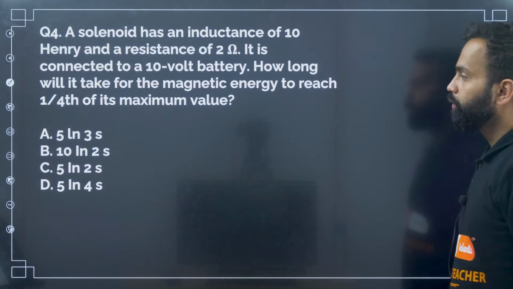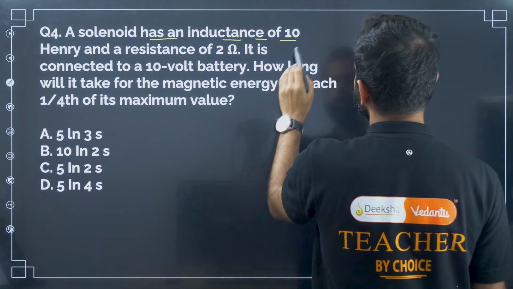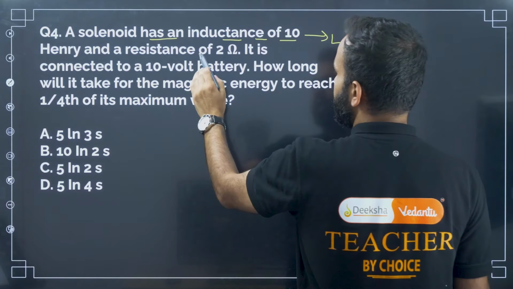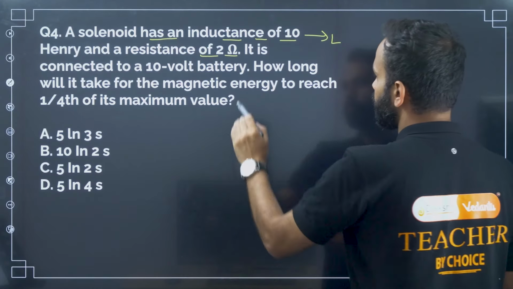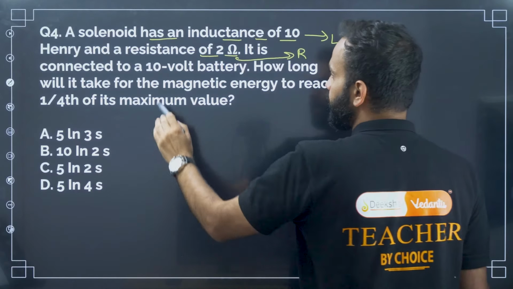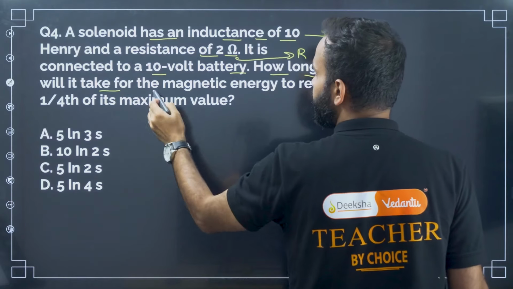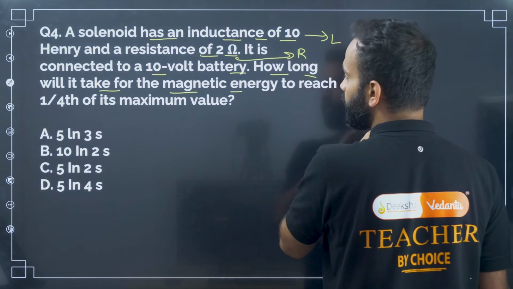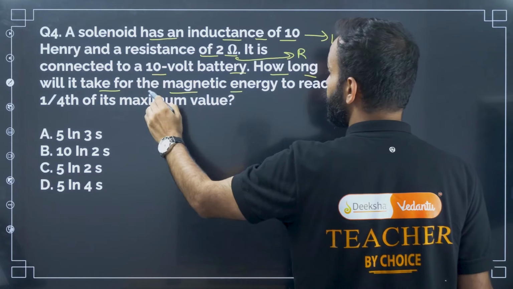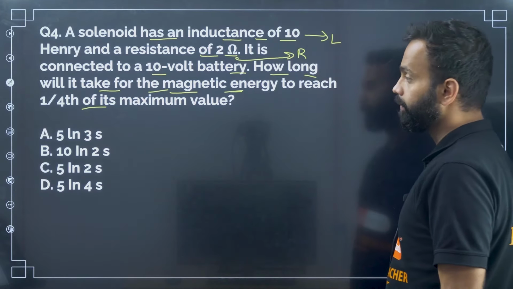Question number 4. A solenoid has an inductance of 10 Henry, that is L is equal to 10 Henry, and a resistance of 2 ohm, connected to a 10 volt battery. How long will it take for the magnetic energy to reach 1 by 4th of its maximum value?